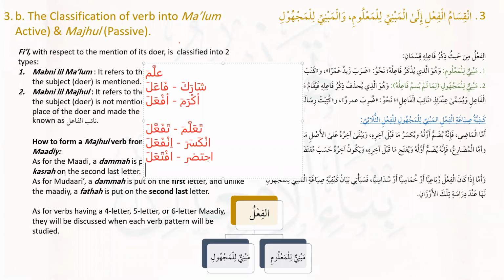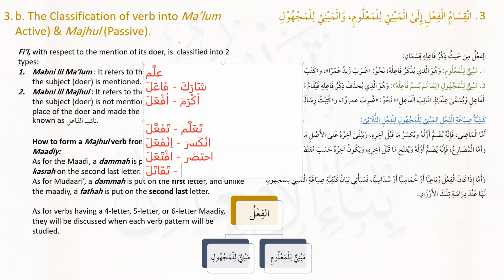We have تقاتل. تقاتل means two groups fought with each other, or two sides fought with each other. In تقاتل, what are the root letters? قاف تاء لام. ممتاز.